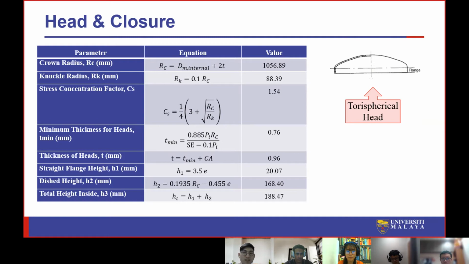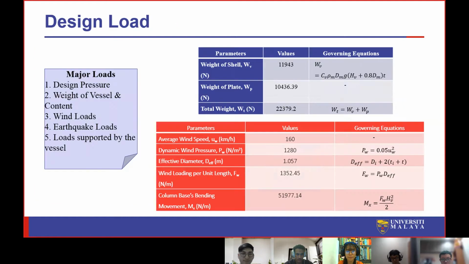The next consideration is head enclosure. After comparing different types of head enclosure, torispherical is chosen because it is easier and cheaper to fabricate. The parameters and equations needed in calculating the design of the head are shown in the table here. The sixth consideration will be design load, and design load is divided into major and minor groups.